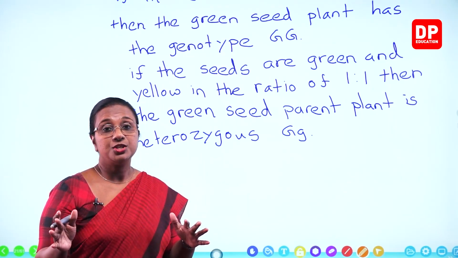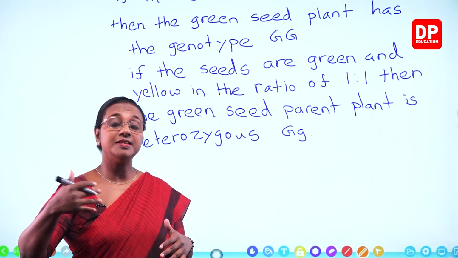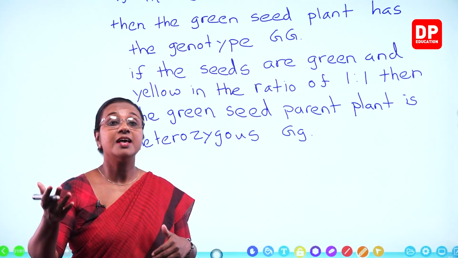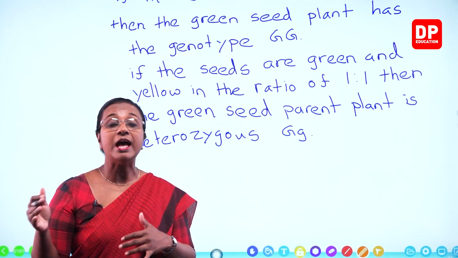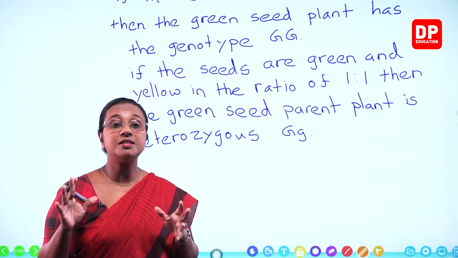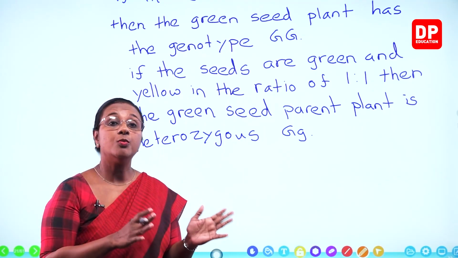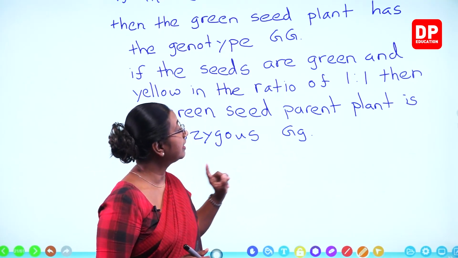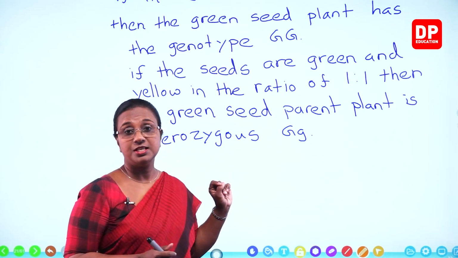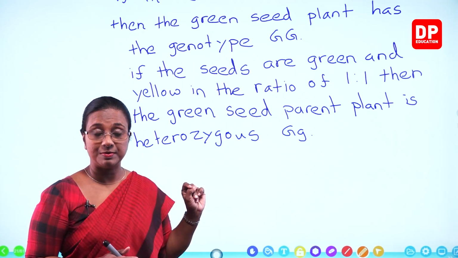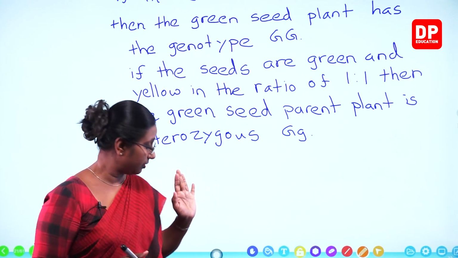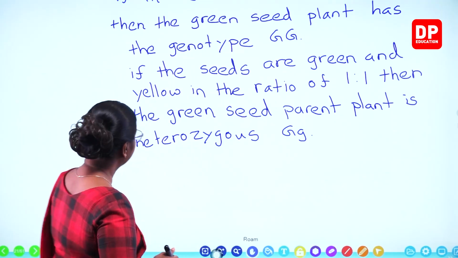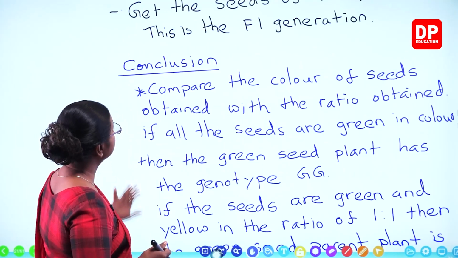When the number of plants increases, the number of seeds increases, the ratio becomes more accurate. So the closest whole number ratio will be 1:1. If you get that ratio, then the parent green seed plant will have the genotype capital G, simple G. That is how we conclude. So I'll again go back and quickly go through the procedure again.